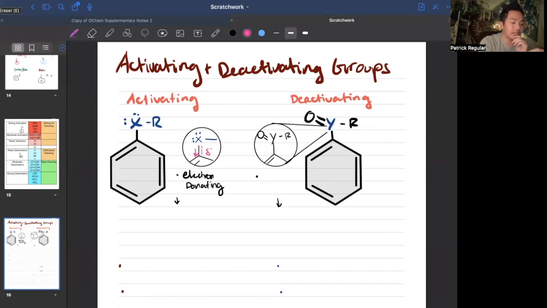Conversely, if you have, let's say, our Y, not actually an element, just a variable Y, in this kind of structure where that oxygen is pulling electron density away, partially negative, this is going to have a partially positive charge. It's an electron sink, pulling density away from the ring into that partially positive charge. This is electron withdrawing.